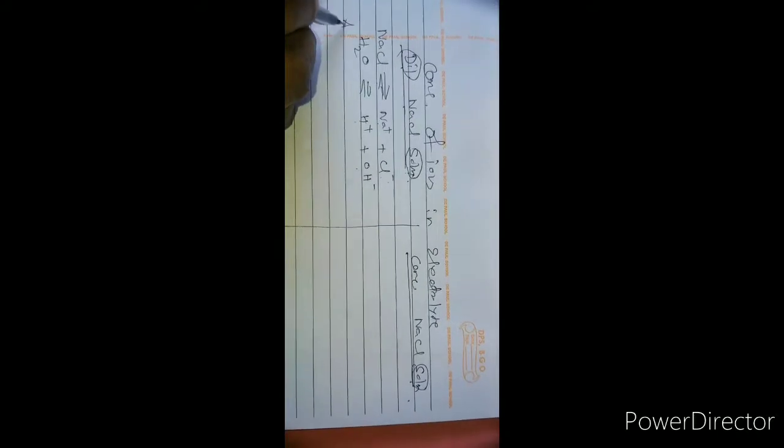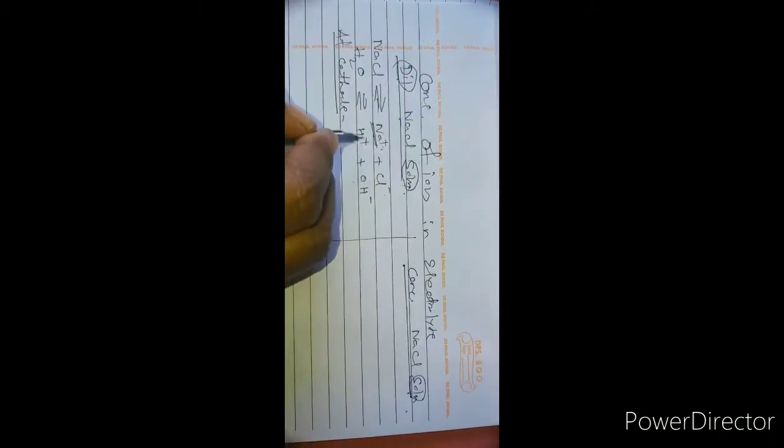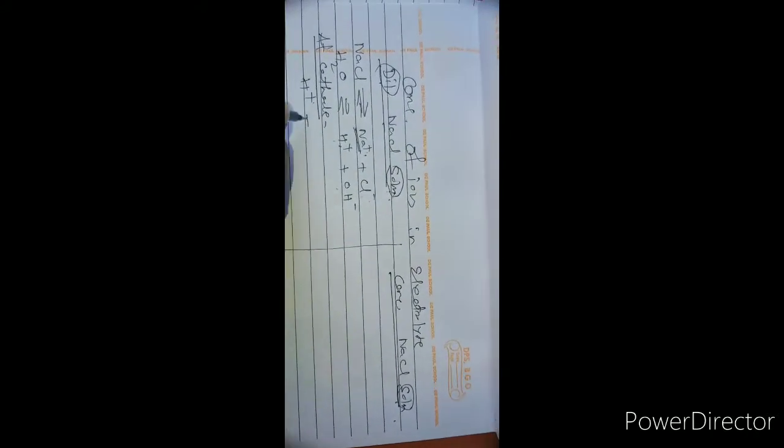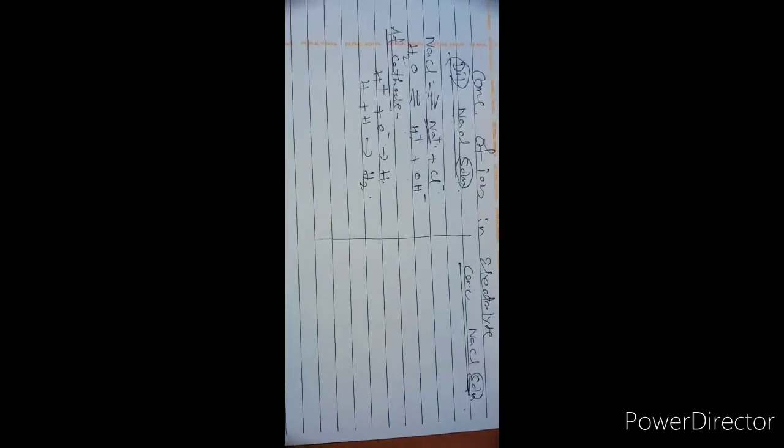So here let us go for that reaction. At cathode, who will move towards cathode? Out of H+ and Na+, the concentration of Na+ is less, that is why hydrogen will move towards it. So H+ plus an electron will give rise to hydrogen atom, which cannot stay in the atomic state, so this will be hydrogen gas.